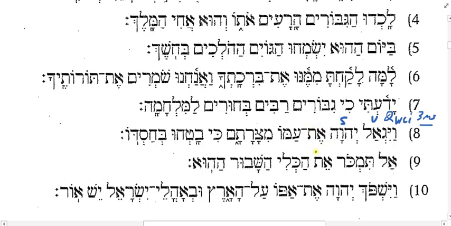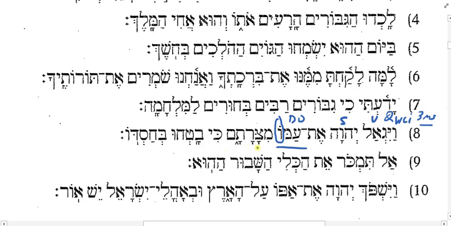This et is marking the direct object if the direct object is definite. Is this direct object definite? What makes it definite? There's no article on it. That's right, the pronominal suffix. When I specify whose people, then I'm making it a specific people. So Yahweh redeemed his people.